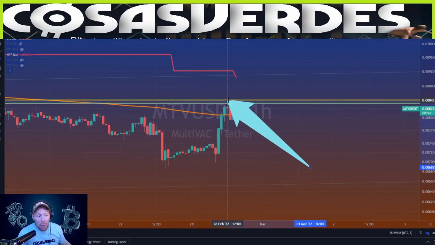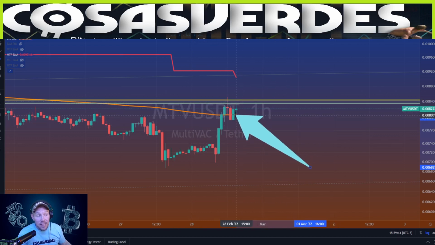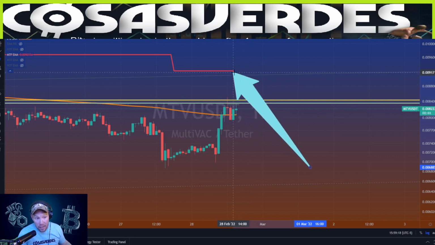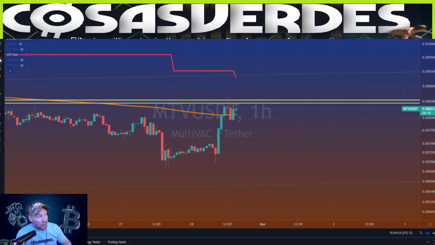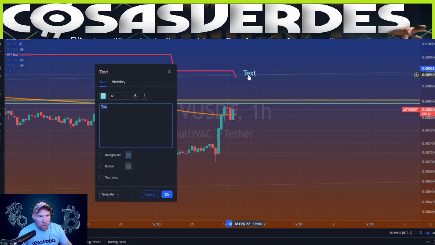You can see that it came above it, got rejected by this key horizontal at 0.0084, but it's using this as support. So it's very likely to come past here and come up to 0.00915. It looks like it's going to come right up and hit that weekly 10. I really feel that the next target for this, 0.00, what did I say? 0.0091.